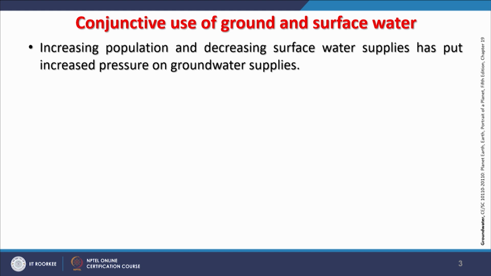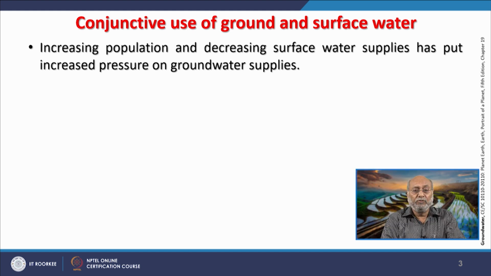So, increasing population and decreasing surface water supplies are the two problems which have put increased pressure on the groundwater supplies, because a lot of water bodies which used to exist at many places, almost all villages, all towns and some big cities had several surface water bodies, and now slowly these water bodies are disappearing, and that means that it is affecting our groundwater regime.